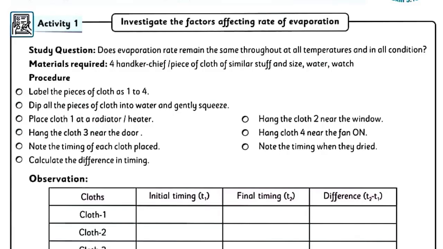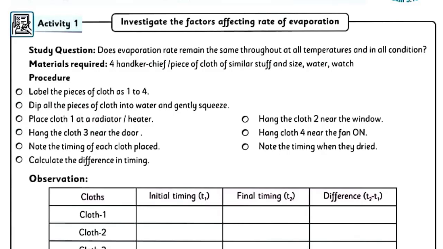Procedure: label the pieces of cloth as 1 to 4. Dip all the pieces of cloth into water and gently squeeze. Place cloth 1 at a radiator heater. Hang cloth 2 near the window. Hang cloth 3 near the door. Hang cloth 4 near the fan on.